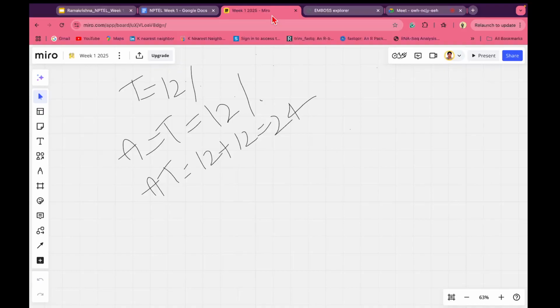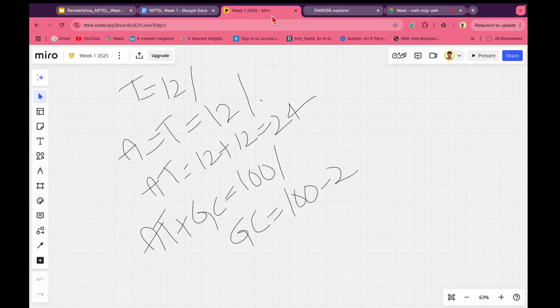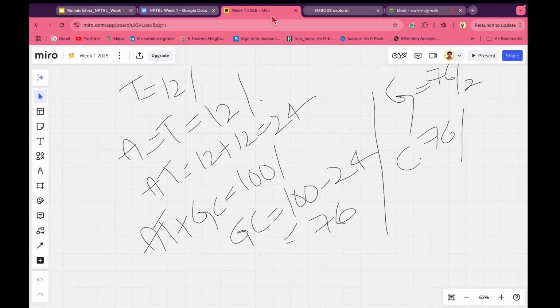Then we know AT plus GC content should make up 100%. Therefore GC percent will be 100 minus 24, that is 76. So given G content will be 76 divided by 2 and C content will be 76 divided by 2, it is 38.